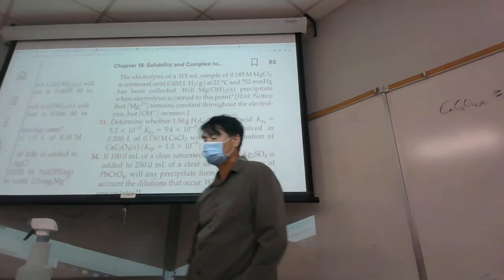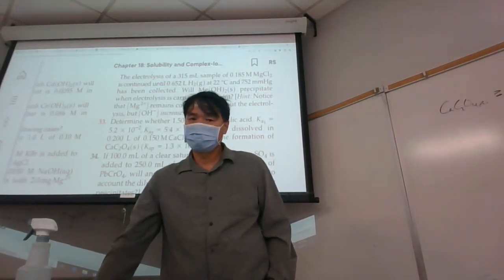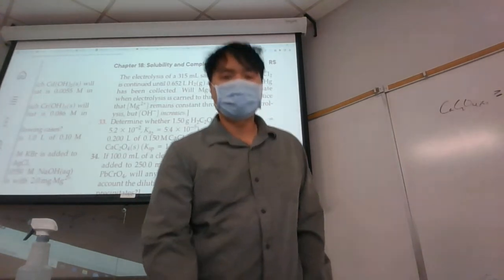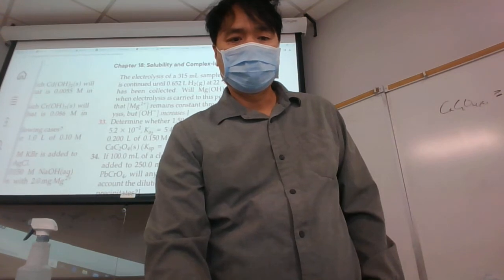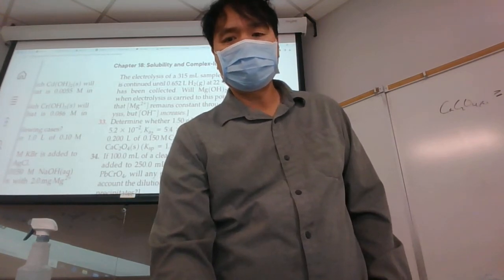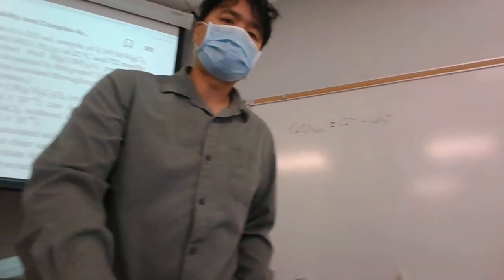So for these types of problems, should we always just start out by writing the Ksp? Yeah. I think that's one of the main problems, figuring out where to start. But the thing about this chapter is we do things differently depending on what the question's asking for.